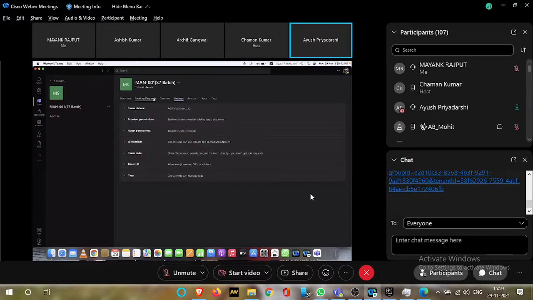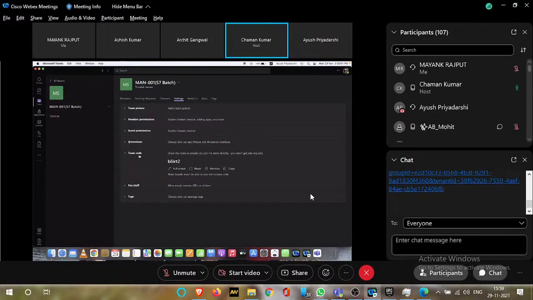And then there will be an option of team code here. Okay, so I click on the team code. And then you'll have to generate it if it's not generated. Generate. Okay. And then copy it, and then you can send it on the same group. So then you won't have to accept the requests.